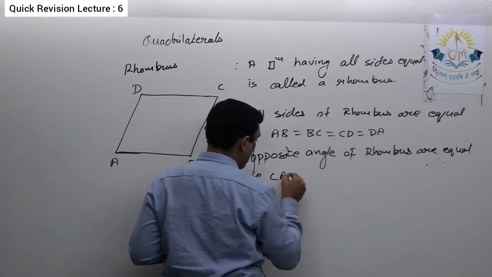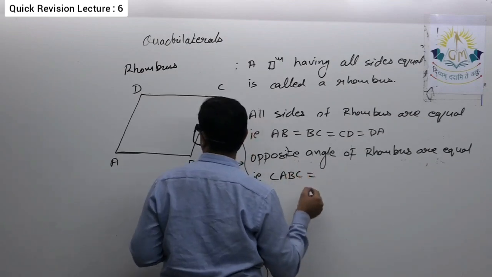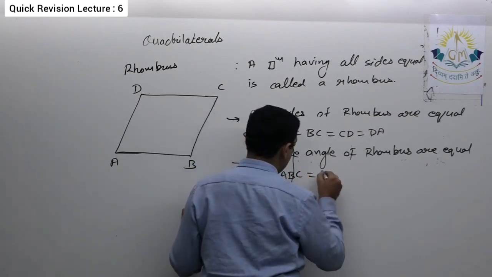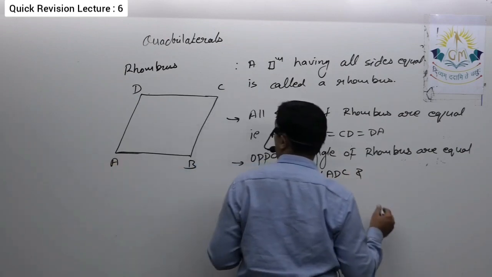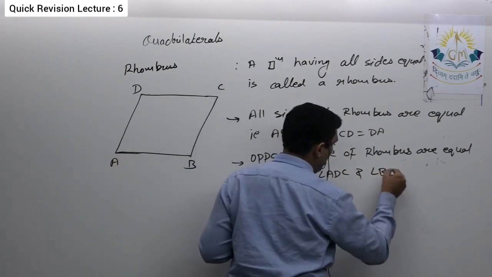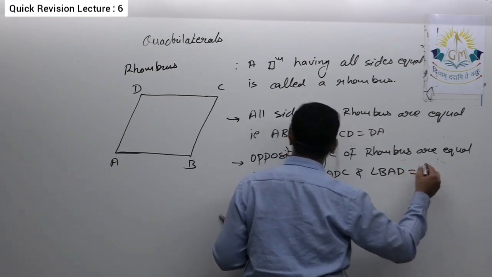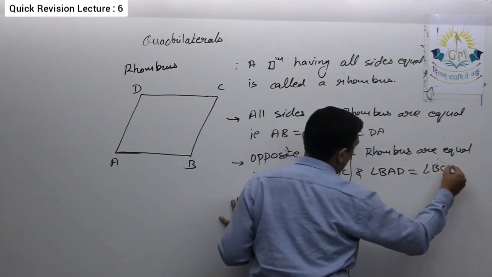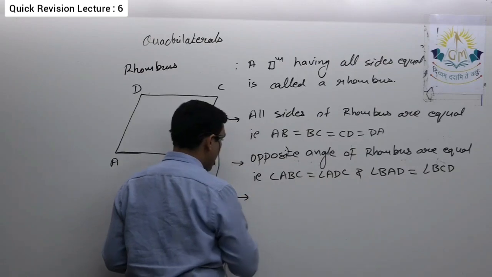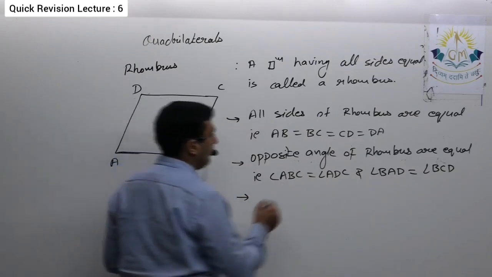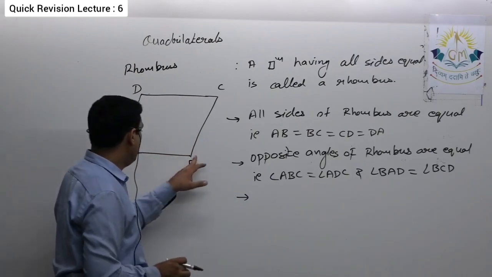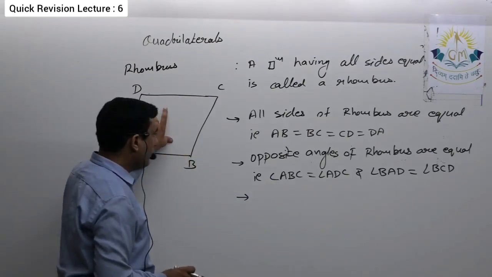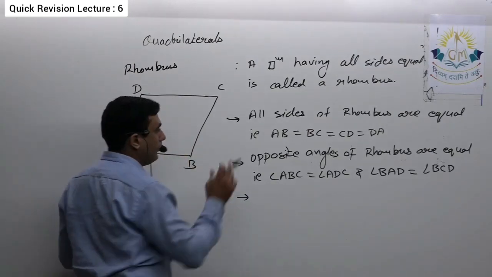That is angle ABC is equal to angle ADC, and angle BAD is equal to angle BCD. Okay, opposite angles of rhombus are equal. Now next, opposite angles are equal, opposite sides are equal.